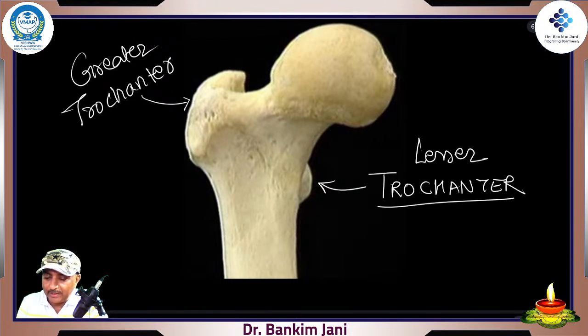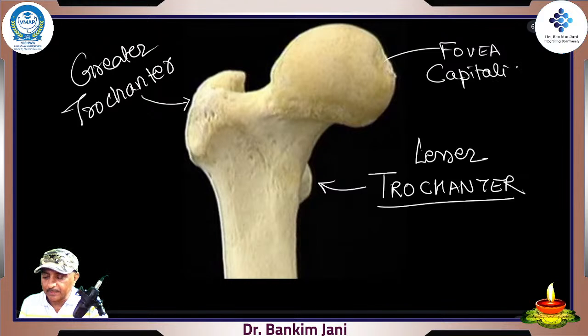Another very important one, and we should be able to see it right away, and we have even discussed it. This is what is called the fovea. Let's give it the complete name: the fovea capitis.